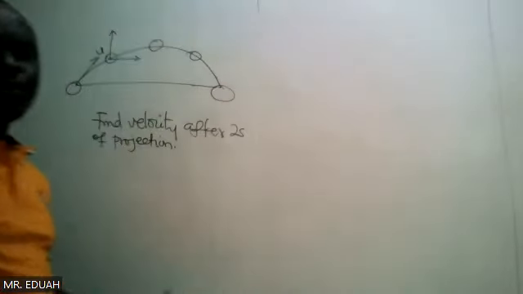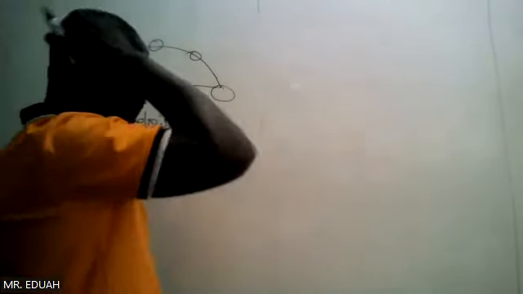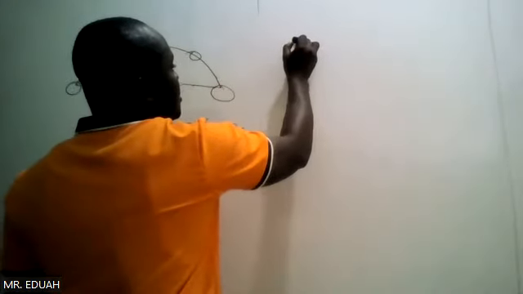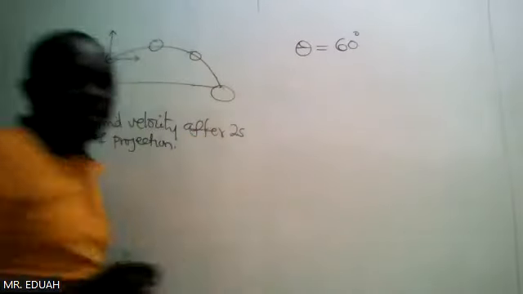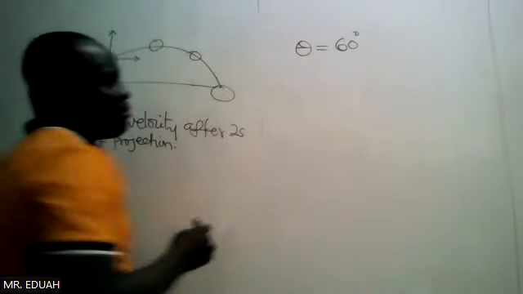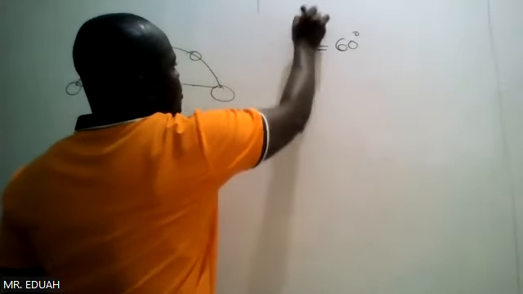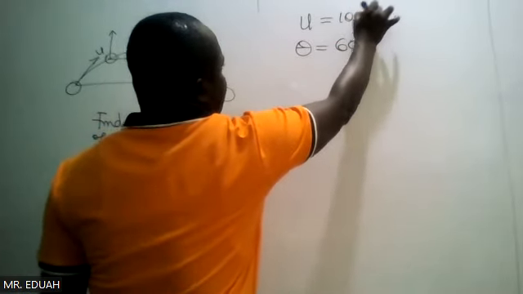Maybe an object is projected at an angle of 60 degrees. Theta is equal to 60 degrees. Then the velocity of projection u is 100 meter per second.